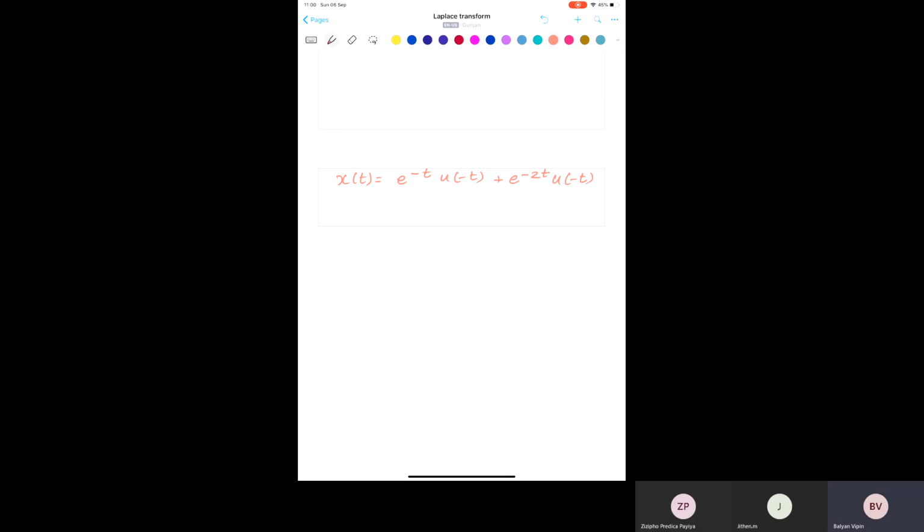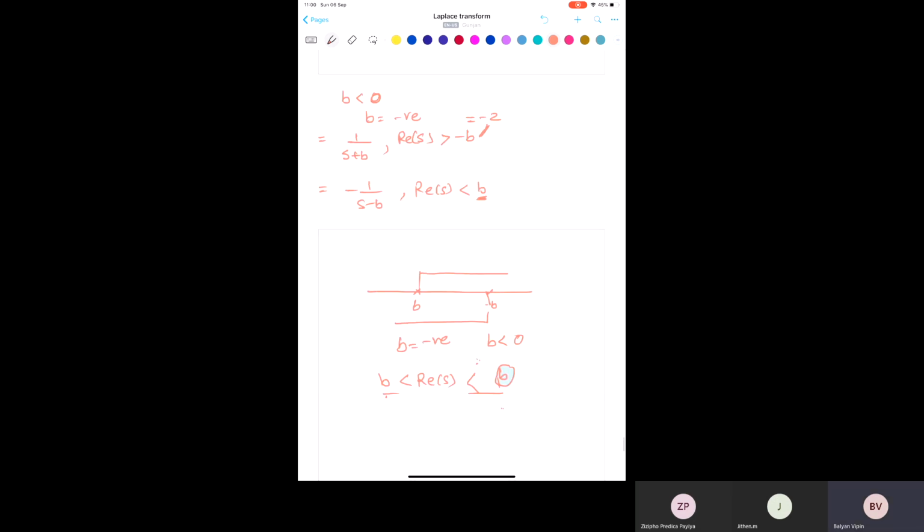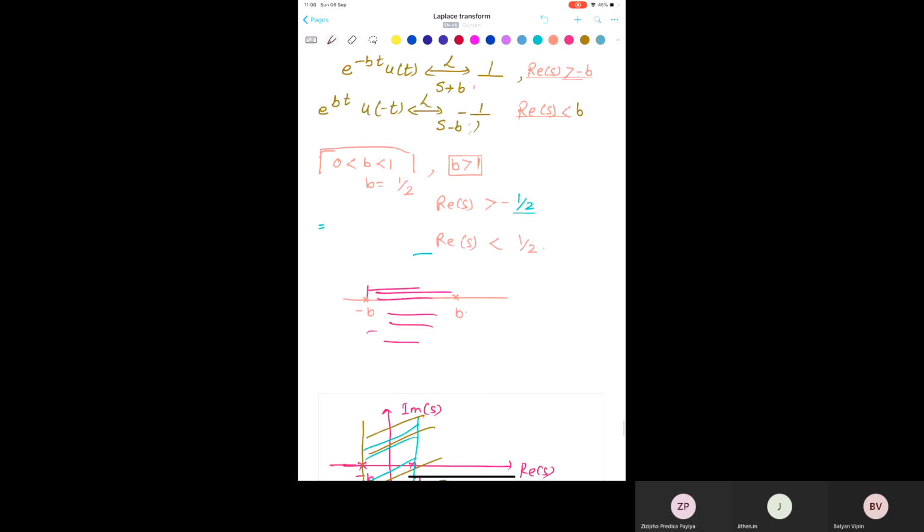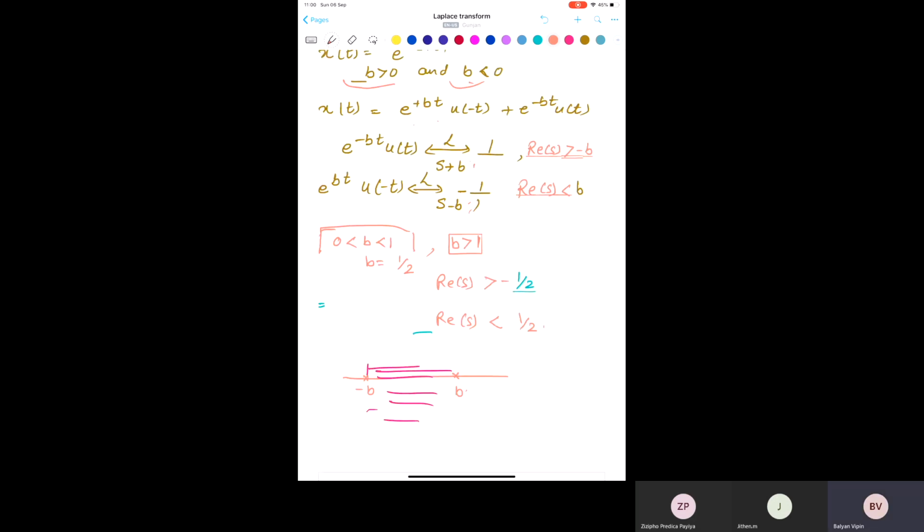If you remember in the previous question, if we have e raised to the power bt, then the Laplace transform for that is shifted to s plus b, and it is this.